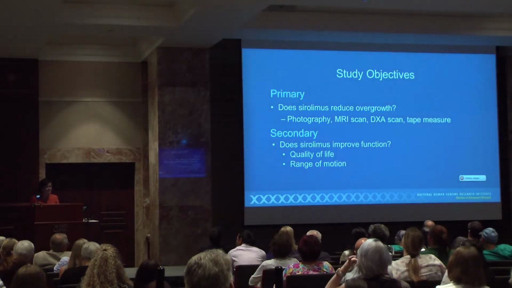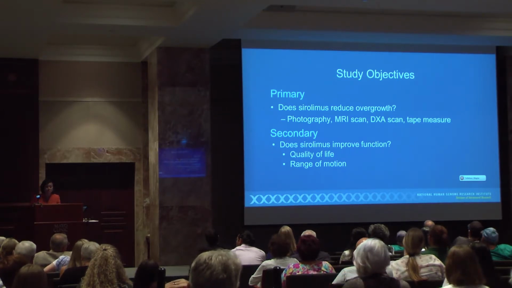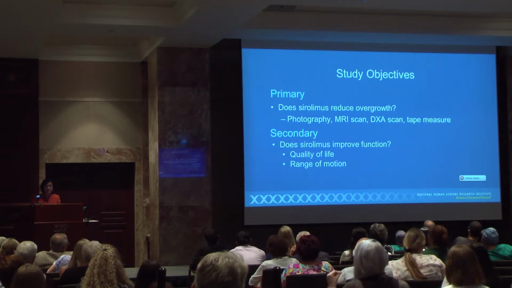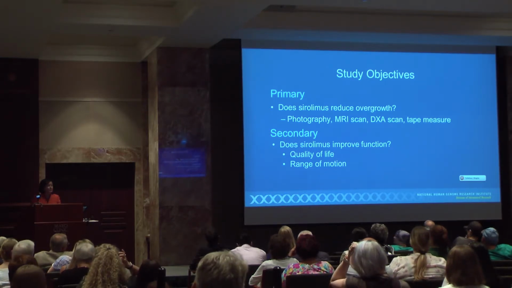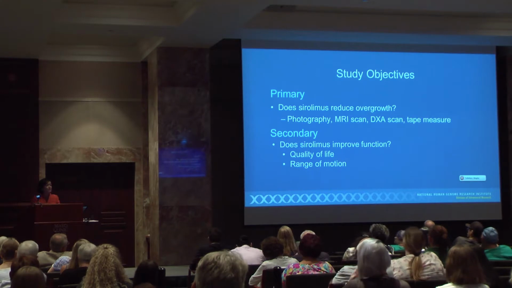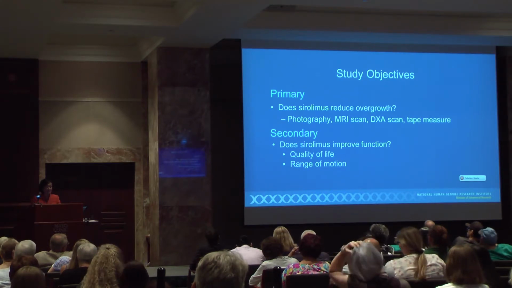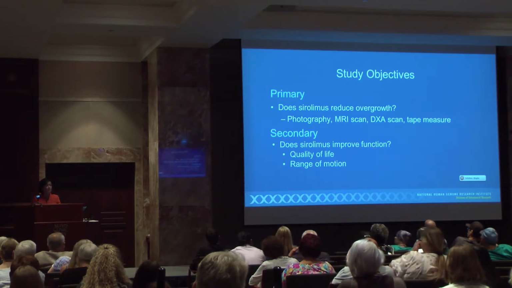So our study objectives were to figure out, does sirolimus really reduce overgrowth in this condition? And we developed what we talk about in clinical trials as outcome measures. They're tools that help us objectively determine if the drug is working or not. And so we applied several to see if they would be effective in looking at this question.